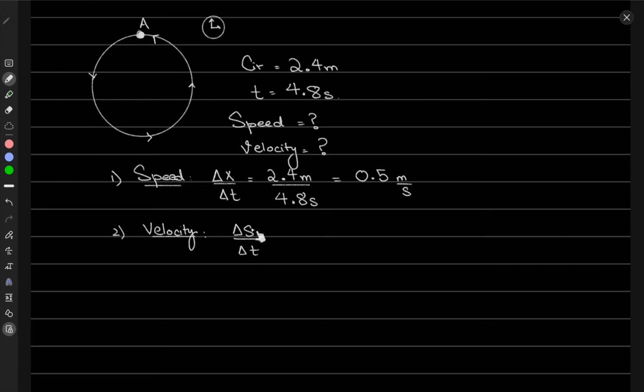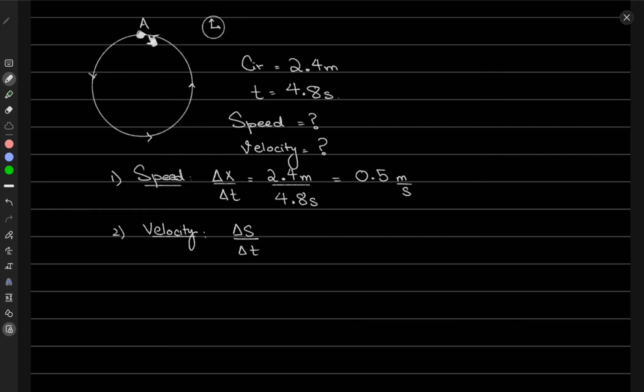So how long did it take to cause this displacement? Now, s is displacement, right? So if you look at this figure, you see that if I start my journey at point A and I come back in this round to this point A, that's one lap.